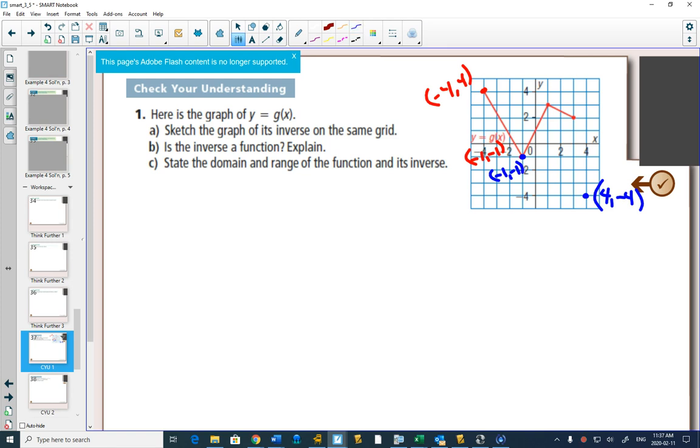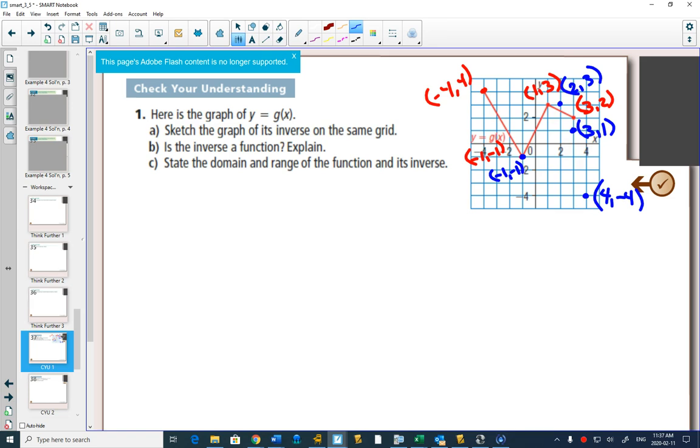Our next point, 1 comma 3. We're going to get 3 comma 1. And finally, our last point, 3 comma 2. That's going to give us 2 comma 3.